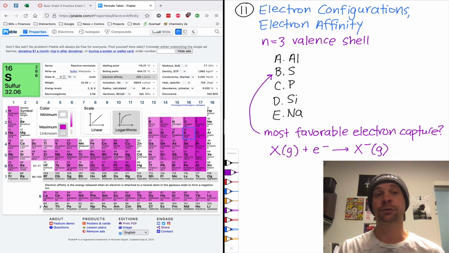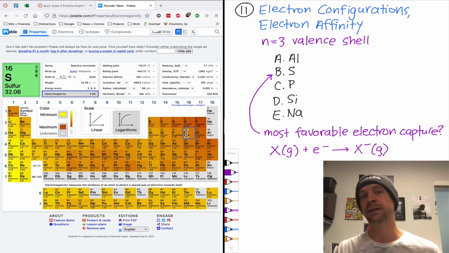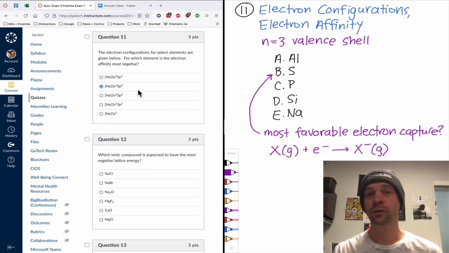Sulfur has the highest electronegativity among the elements in the series, and so it's going to most favorably capture an electron. Its capture of an electron will be the most exothermic process. In essence, this is two ways of saying the same thing. To loop back really quickly to the problem, the electron configuration that corresponded to sulfur was neon 3s2, 3p4. So there's your answer right there.